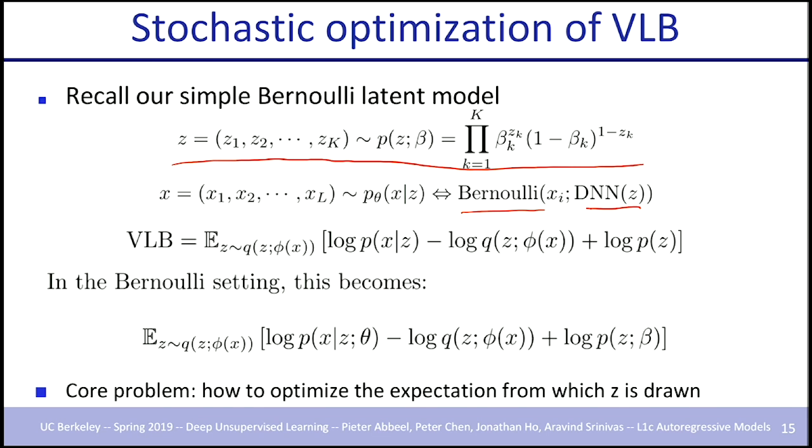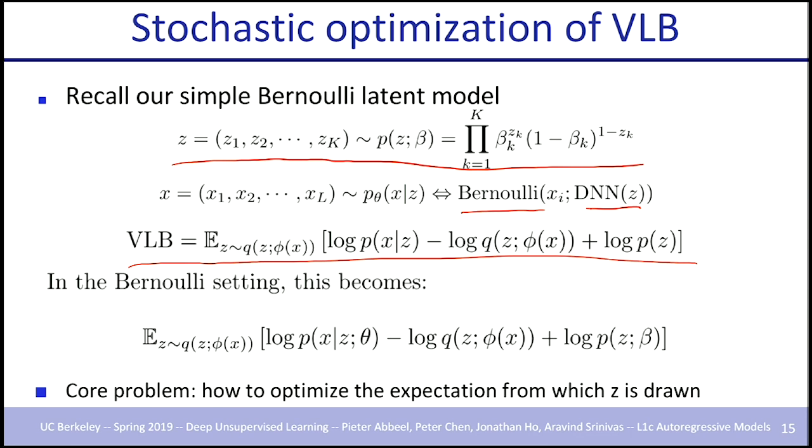Now we have this variational lower bound that, if we maximize it, we know can make some progress on the marginal likelihood. So let's try to plug everything in and walk through what would happen.